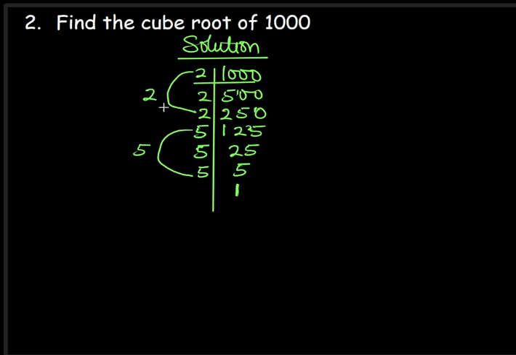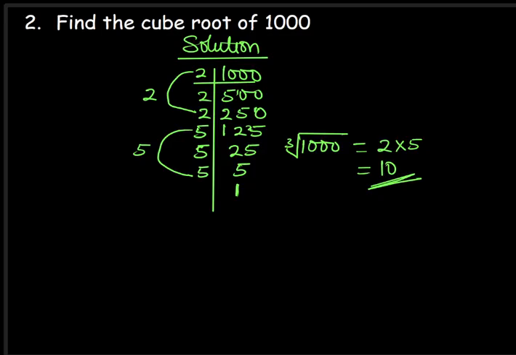Remember, in square root we pick them in pairs, but in cube root we'll pick them in threes. So the cube root of 1000 is equal to 2 times 5, and that will give us 10.